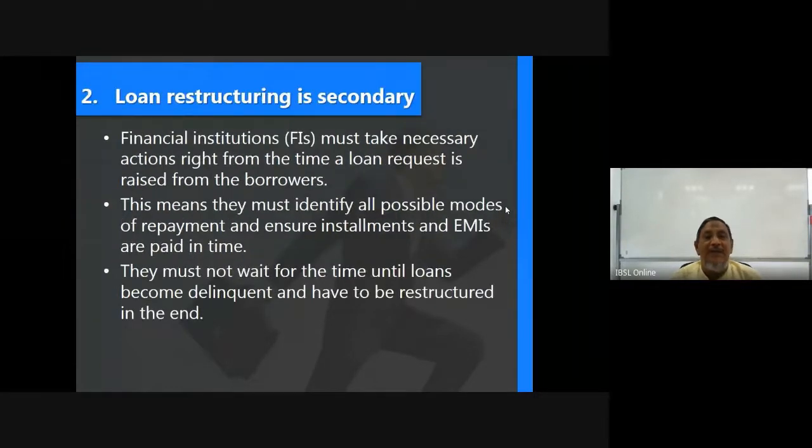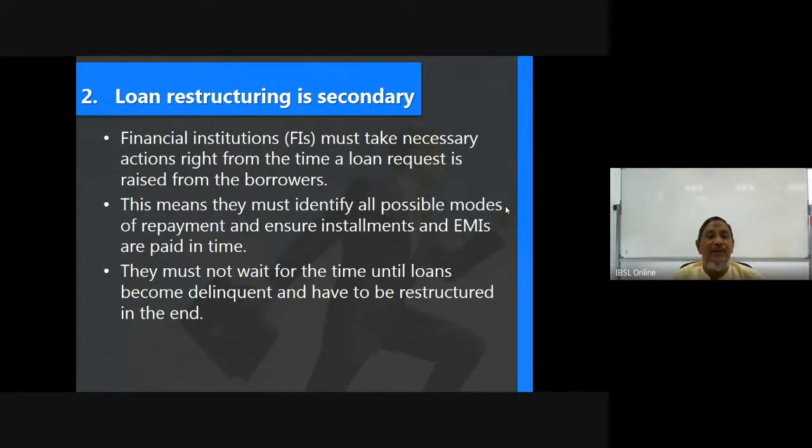Second one, restructuring. Secondly, financial institutions must take necessary action right from the time a loan request is raised by a borrower. This means they must identify all possible modes of repayment and ensure that equated monthly installments are paid on time.